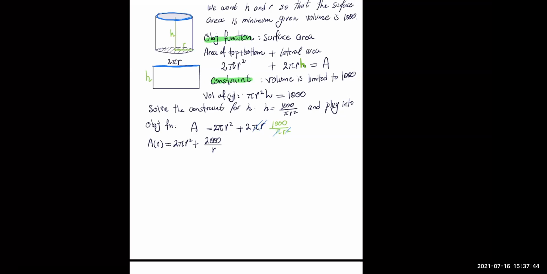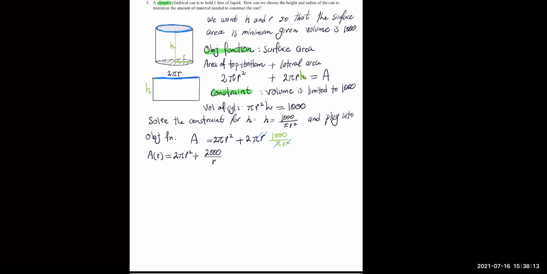How can I choose r? What are legitimate values of r over here, guys? Except 0. r can't be 0 for sure, right? It just makes no sense. r can't, of course, be negative, and that makes no sense.